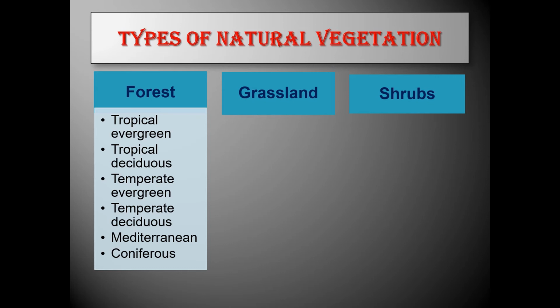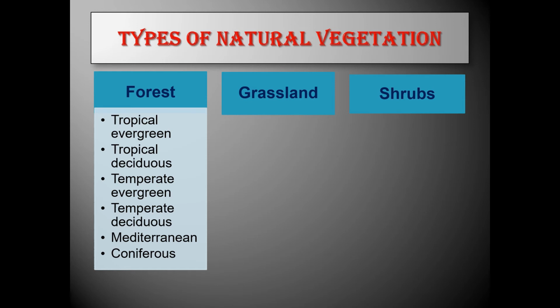Mediterranean forests are found along the western part of the continent in the temperate region. The trees have thick, fleshy, wax-coated leaves, while the coniferous or the taiga forest is found mainly in the cold temperate region, and the trees have conical shape and needle-shaped leaves, thick bark and soft wood.